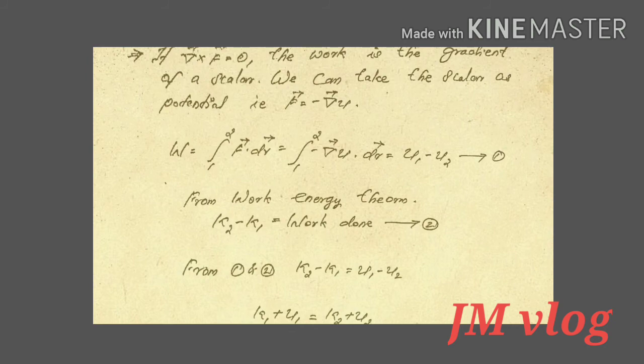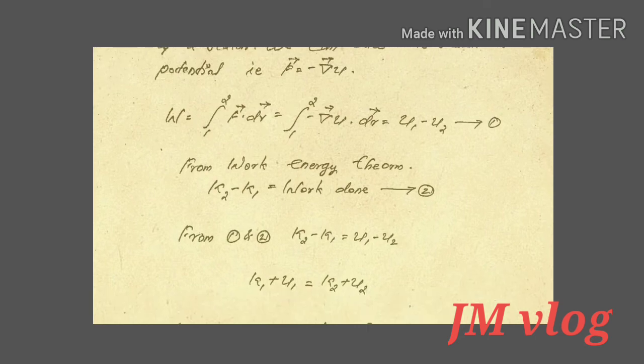I am just going to find the total work done here. We know that the work done in a small displacement is dW, dW is equal to F dot dr. If I integrate F dot dr, I get the total work done in a particular interval. That means total work done W is equal to integral of F dot dr from 1 to 2.